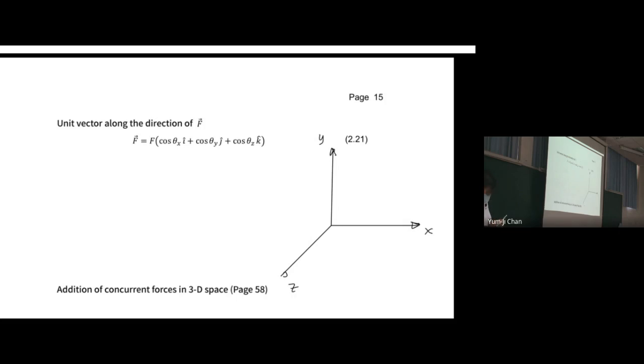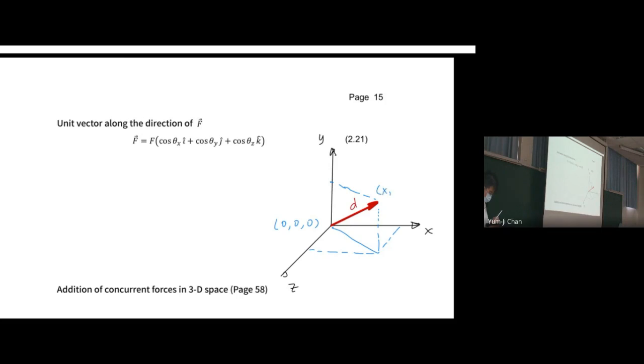And we have vector D. Let's draw a simple figure. And this coordinate, of course, is 0, 0, 0.